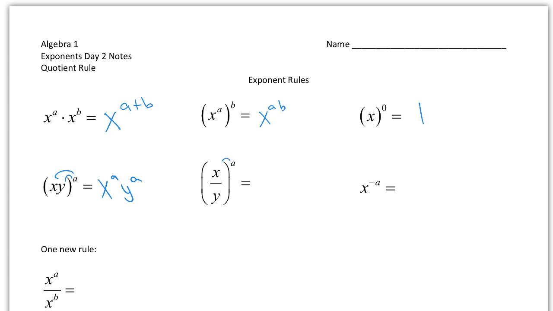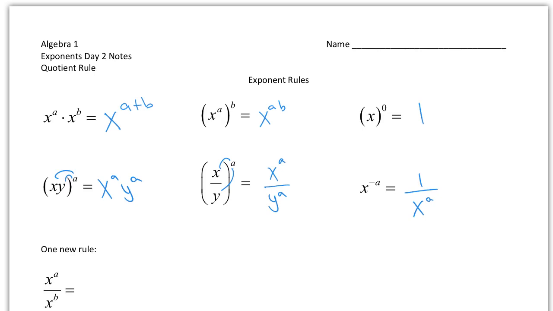Same with a quotient, so if it's x over y to the a, I'm going to give out the a to both the x and the y, so it would be x to the a over y to the a. And finally, we saw yesterday, if you have a negative exponent, it becomes the reciprocal, so 1 over x to the positive power, x to the a.